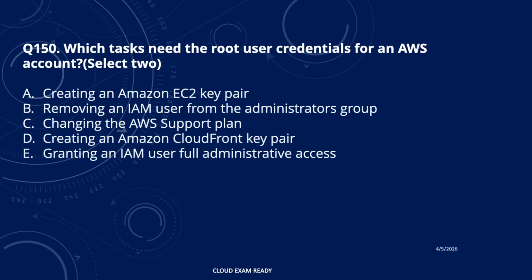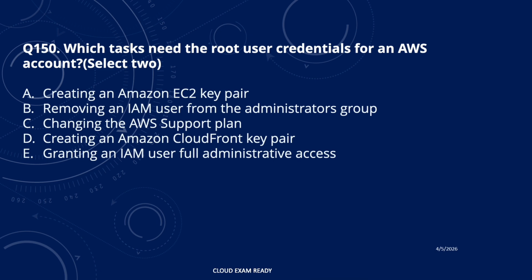Last, question number 150. Which tasks need the root user credentials for an AWS account? So here we need to select two options. So the options are option A, creating an Amazon EC2 key pair. Option B, removing an IAM user from the administrators group. Option C, changing the AWS support plan.